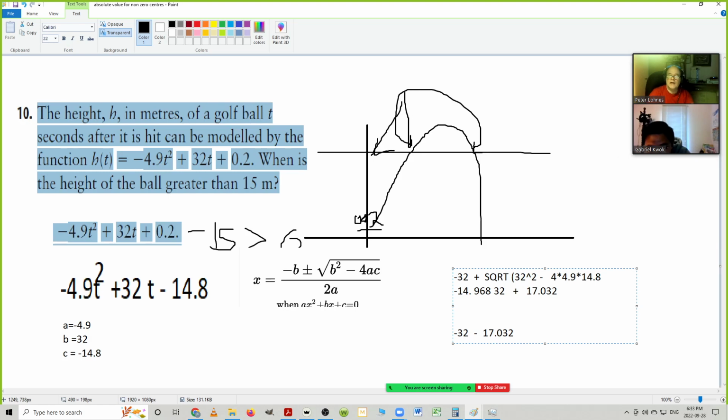Negative 14.968. Okay, now we've got to divide it by 2 times a, which is 2 times minus 4.9. What's that divided by 2 times minus 4.9?